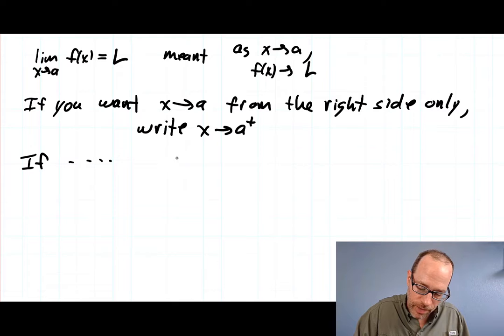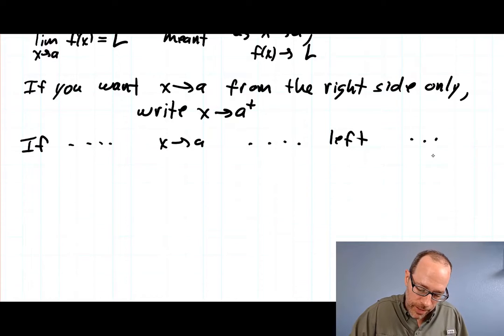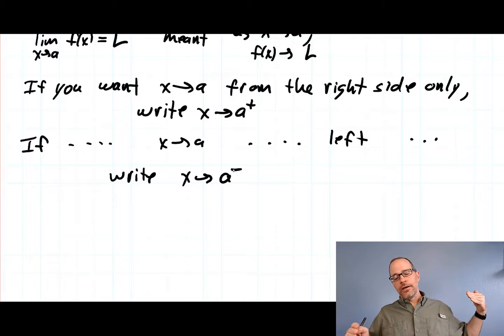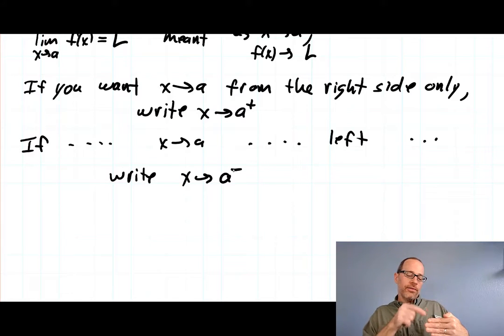If you want x to go to a from the left side only, then you write x goes to a minus, meaning head towards a, but from numbers with a little bit subtracted off from them, so they're to the left.